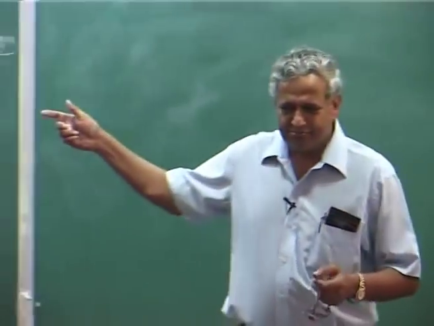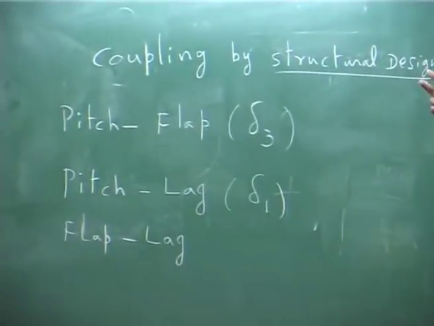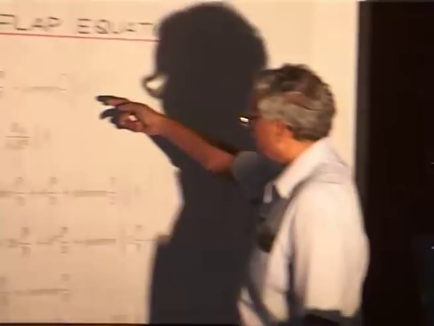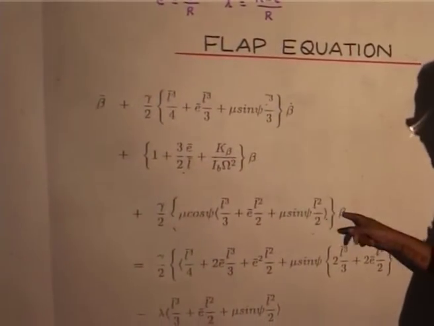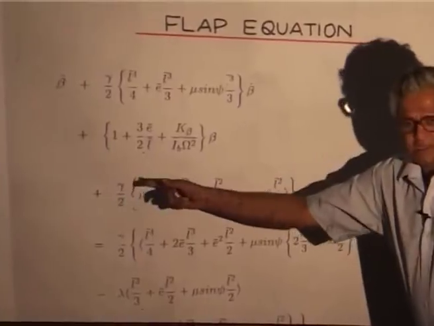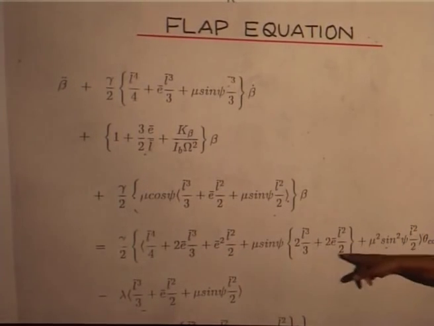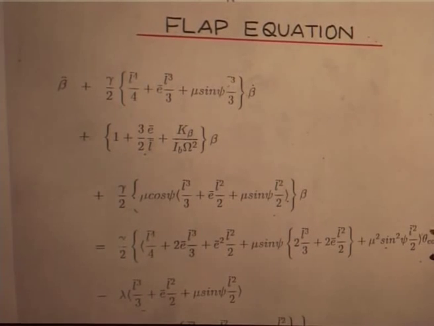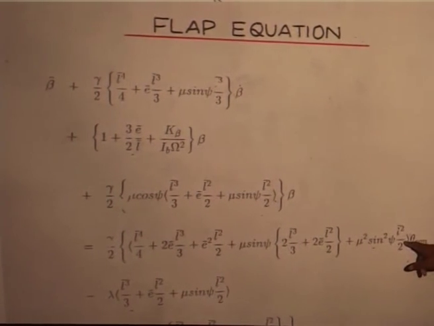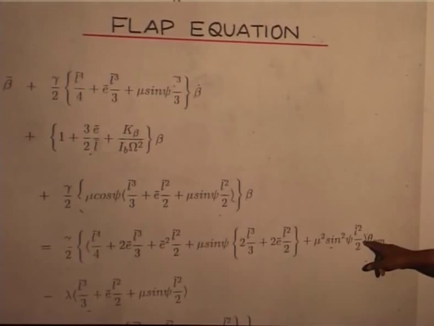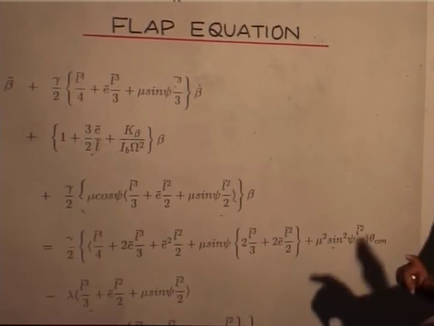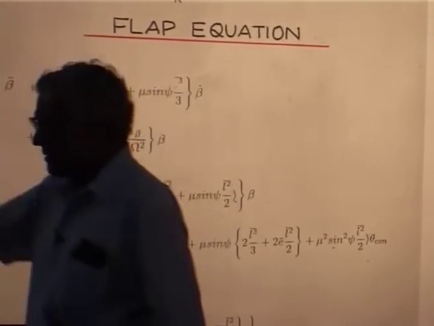I will not be deriving a lot in these things, just to give you that these are very critical. Our flap equation is this, beta double dot plus beta terms with respect to Lock number with the forward speed, and then there is a theta control input, which is independent of flap motion.